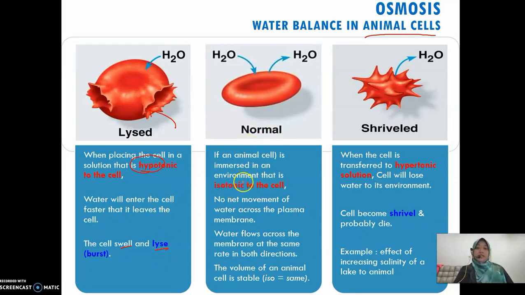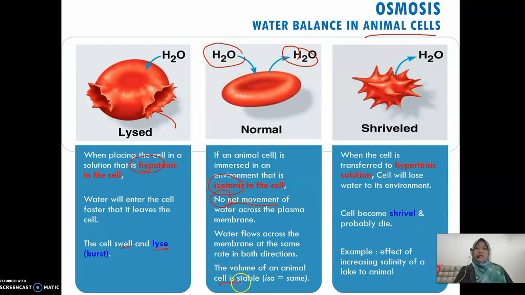If the cell is put in an isotonic environment, the net movement of water is zero, or we say there is no net movement of water. Water flows inside the cell and outside of the cell at a similar rate.